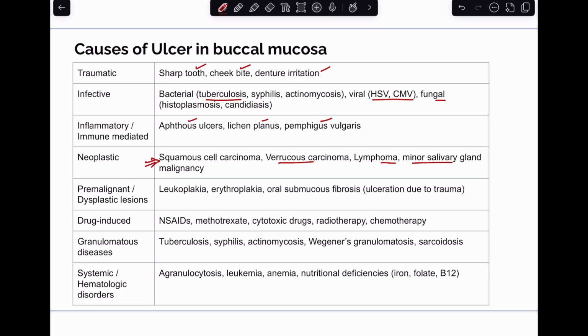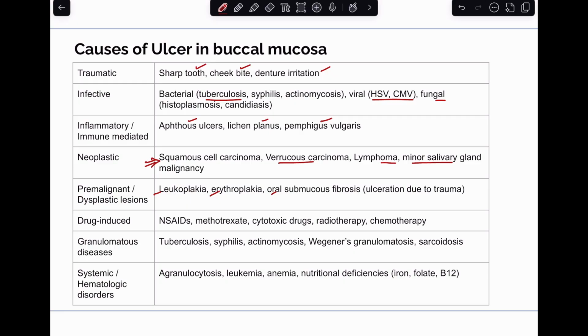We can have premalignant or dysplastic lesions like leukoplakia, erythroplakia, oral submucous fibrosis, where you can have an ulceration due to trauma on the region. We will discuss leukoplakia and erythroplakia in a little while. If you remember in the negative history, I mentioned if there is any history of red or white patch in the cheek.